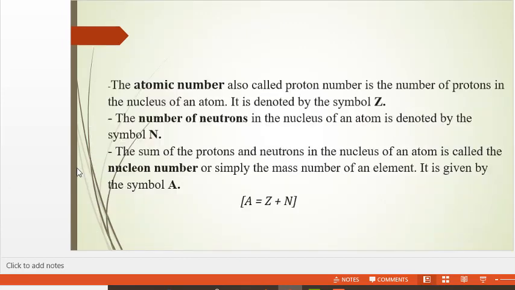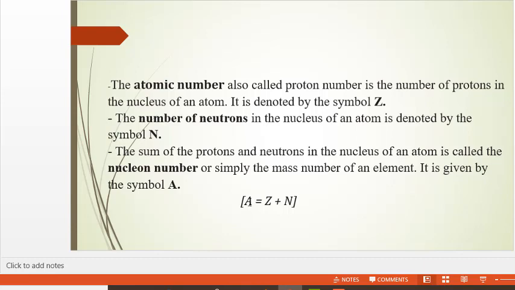So therefore, counting the number of protons and neutrons and putting them together gives us the nucleon number, or simply the mass number. That information is summarized in this simple equation, where letter A stands for nucleon number or mass number, and it is equal to Z, which is atomic number, plus the neutron number N. So A is mass number, or it is also called the nucleon number.